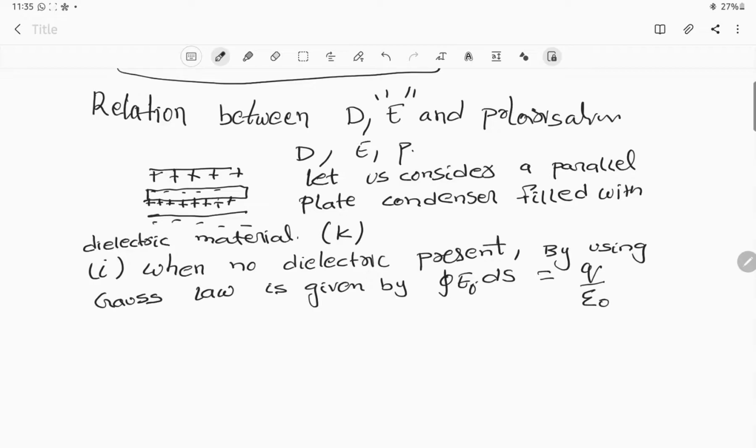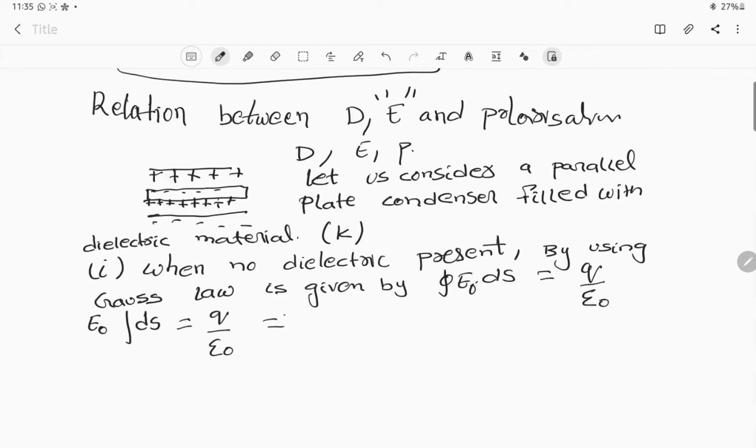Epsilon naught is the permittivity. So I am writing epsilon naught E naught times the surface integral of dS, which is equal to q by epsilon naught.